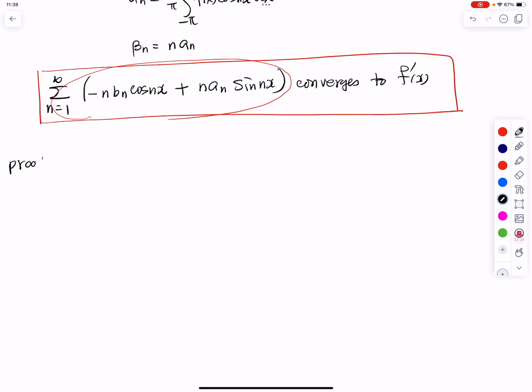Proof of theorem B. Okay, so for B, we only have that f is piecewise continuous. That's what we all have, right? So all the information is that f is piecewise continuous on minus pi to pi.